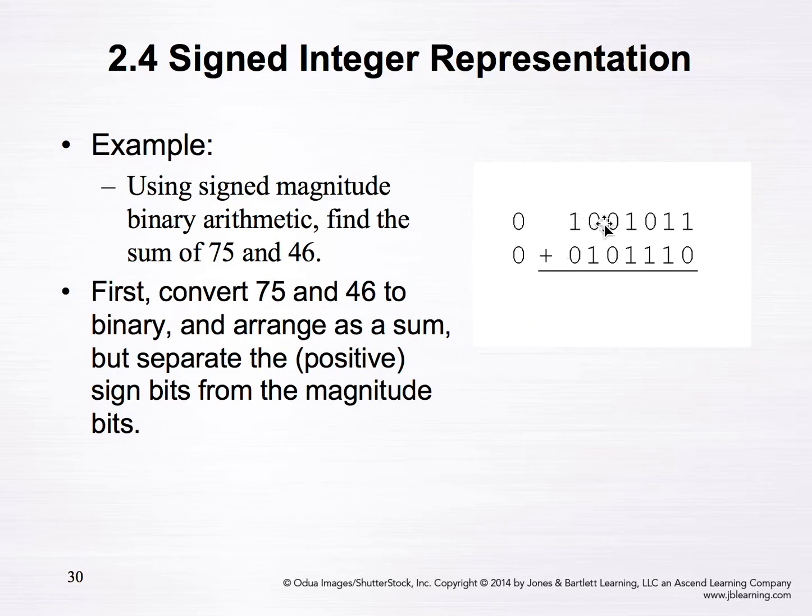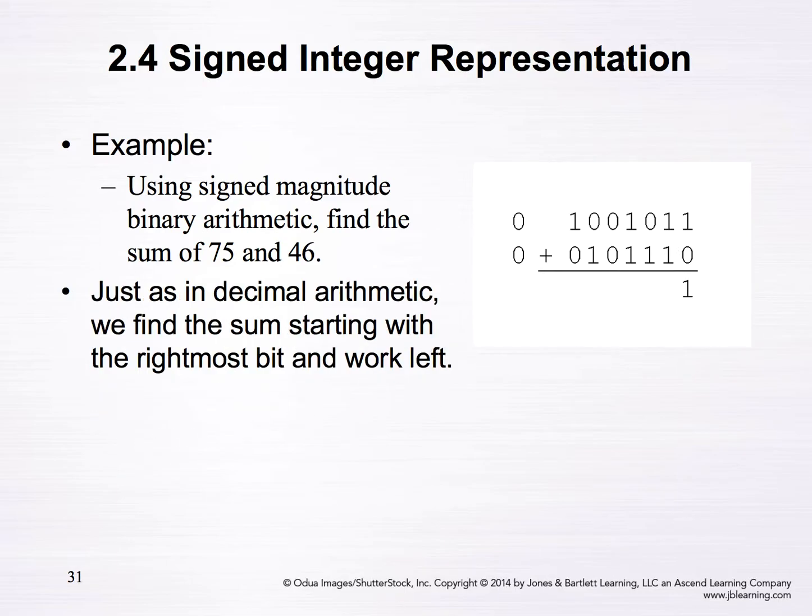So here is the binary string of 75, and here is the binary of 46. We just stack them up and do the addition.